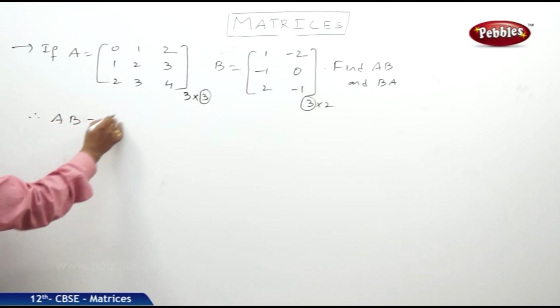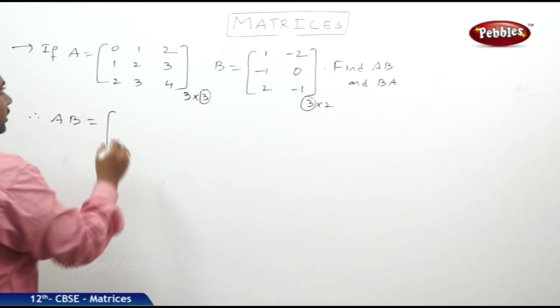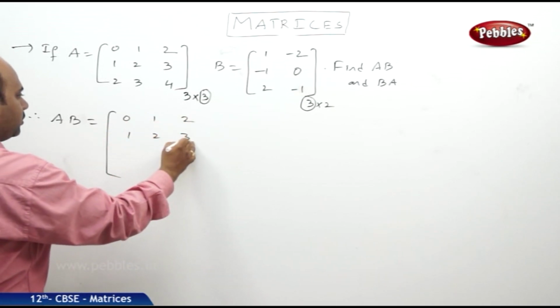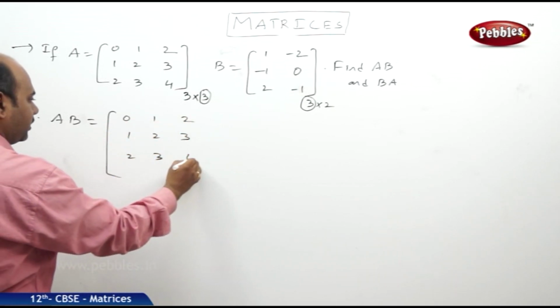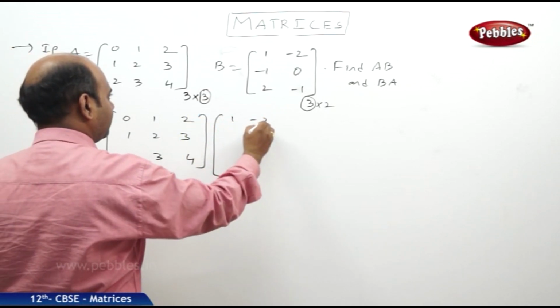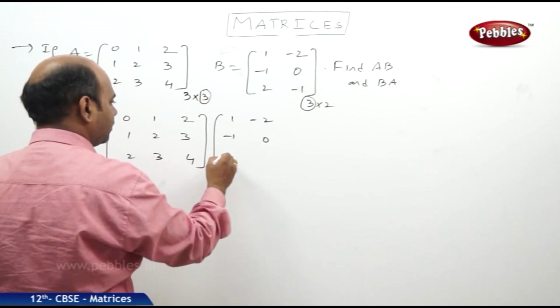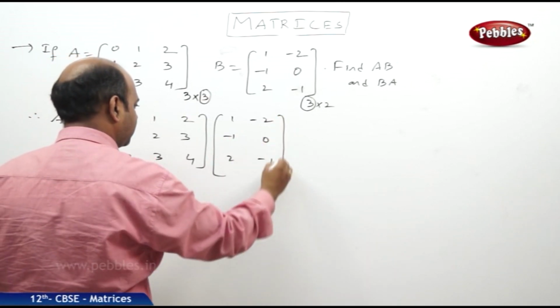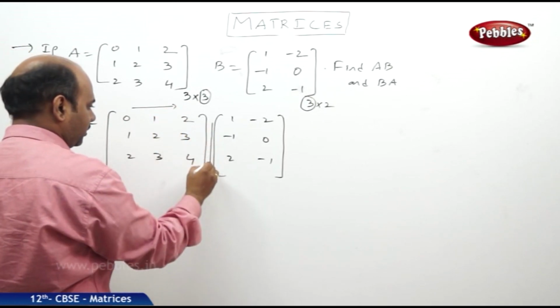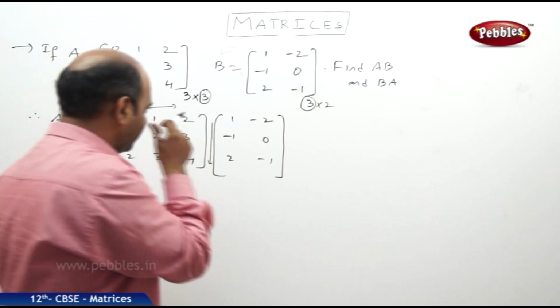Therefore, AB is equal to, we should be very, very careful, [0, 1, 2; 1, 2, 3; 2, 3, 4] and here [1, -2; -1, 0; 2, -1]. So what happens? Row wise and column wise I should multiply.